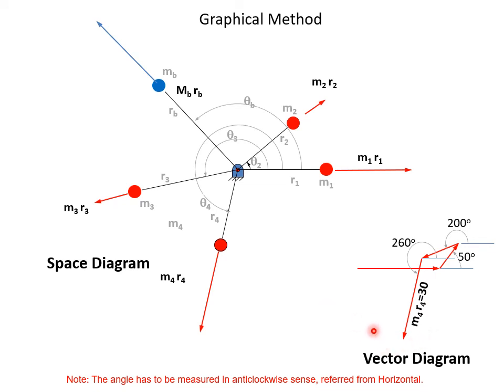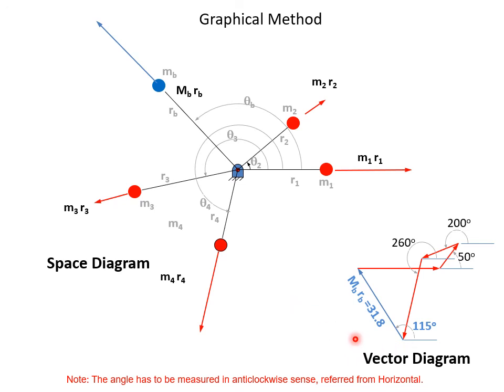To find mb rb, we have to close the polygon, so we draw a closing line. The length of this vector represents mb rb, and the angle measured from horizontal in the anti-clockwise sense gives the angle. So you can see that the angle is once again 115 degrees and mb rb is 31.8.